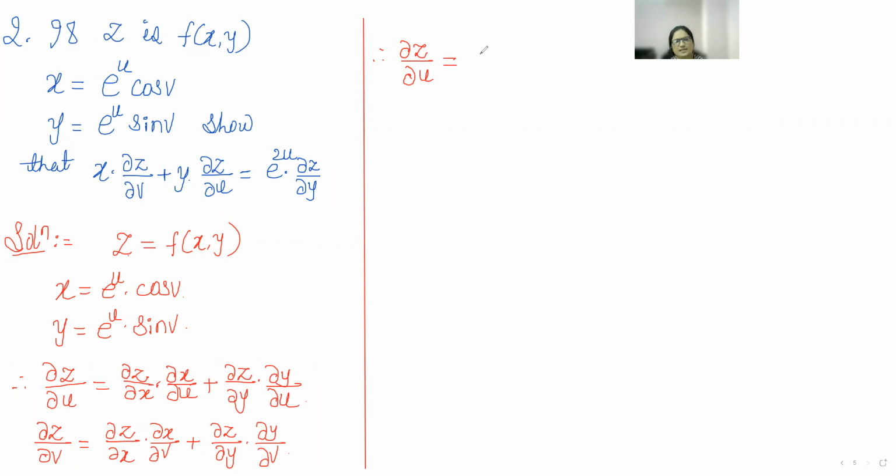Just put it as it is, there is no change. So ∂z/∂x into the partial derivative of x with respect to u, that is e^u cos v, plus ∂z/∂y into the partial derivative of y with respect to u. It is also e^u sin v.